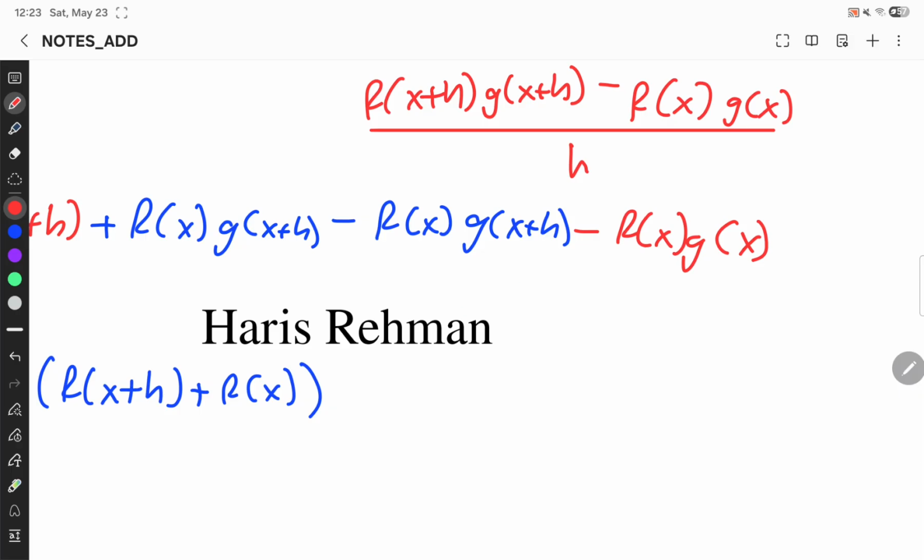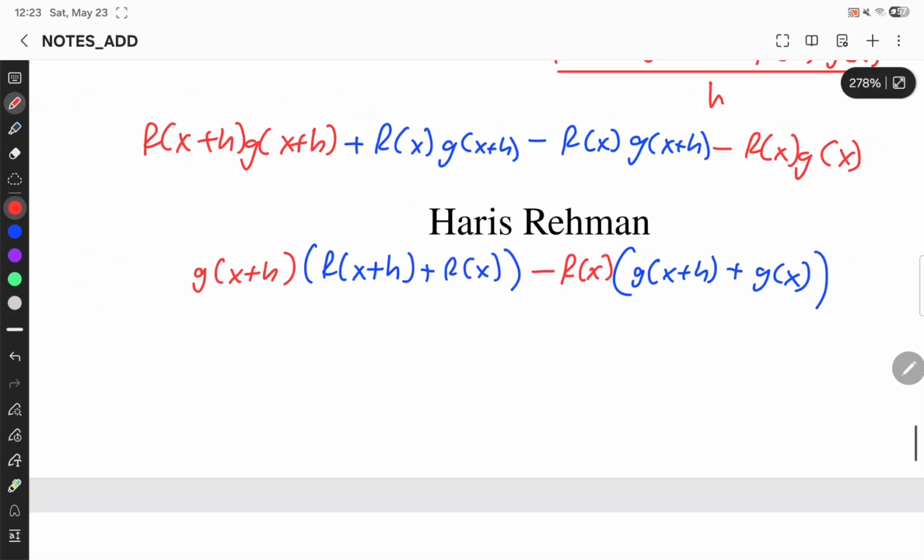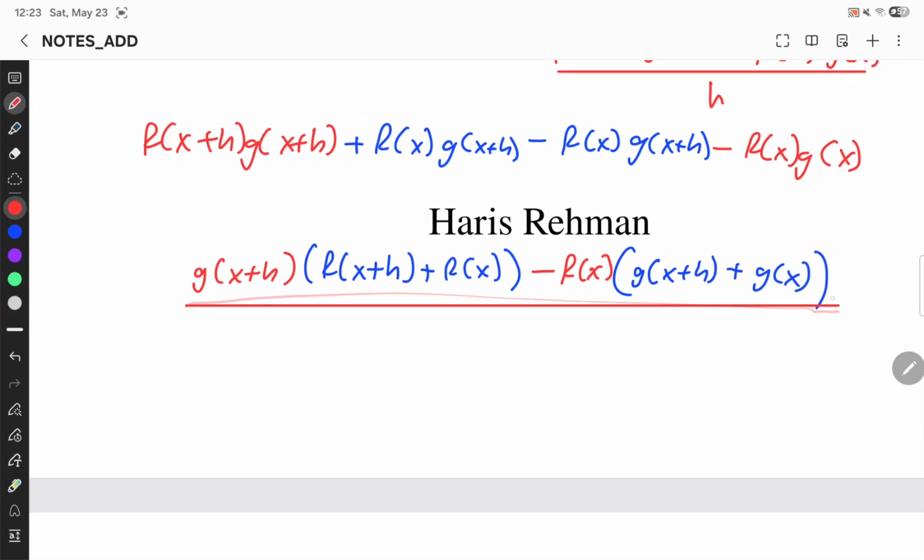What is common in here? f of x. So we factor out f of x and get g of x plus h plus g of x. Sorry, we will make this negative here. Now this is all under what? All under h. We can split our fractions like so, yada yada yada, boom.